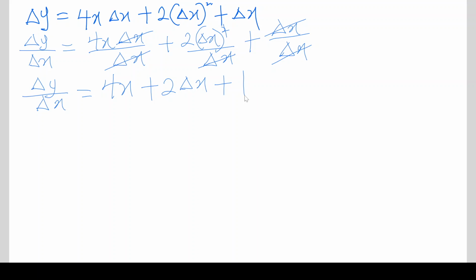When we have a situation like this, we take the limit as delta x tends towards 0.